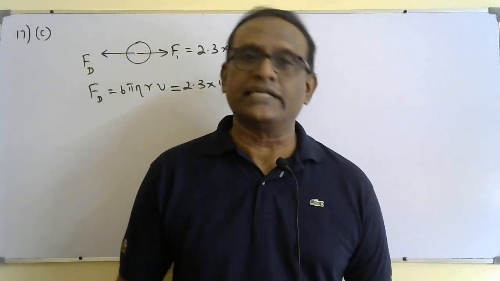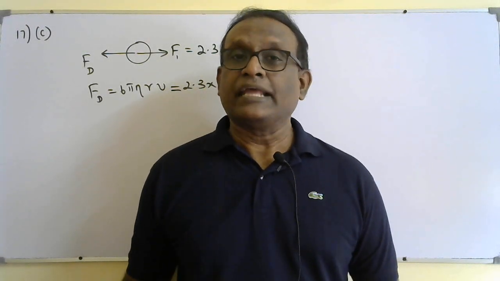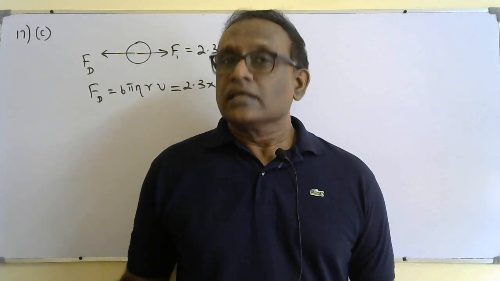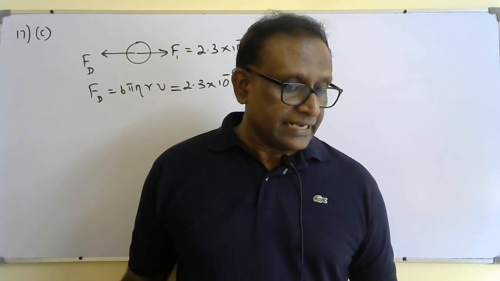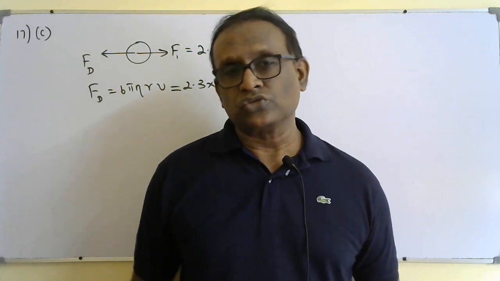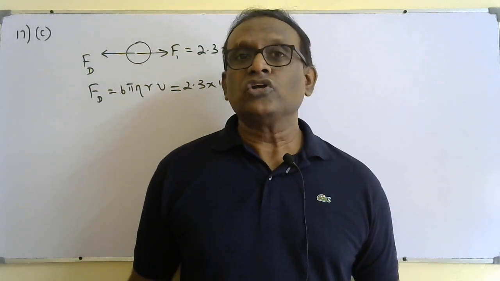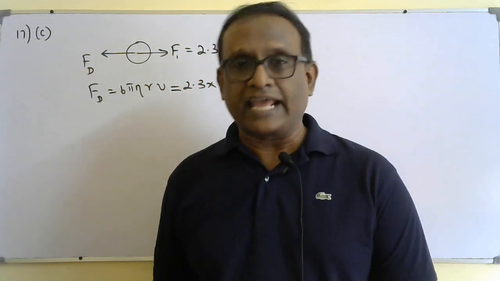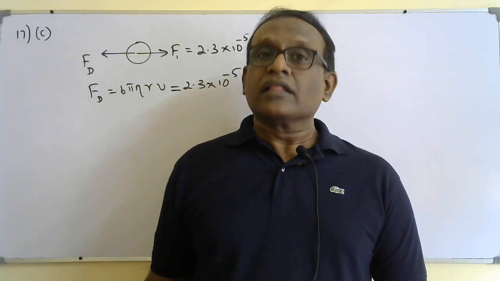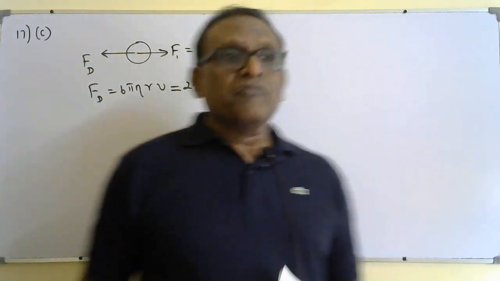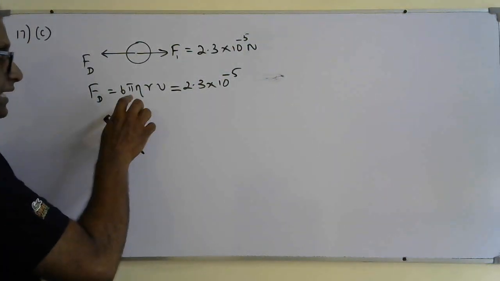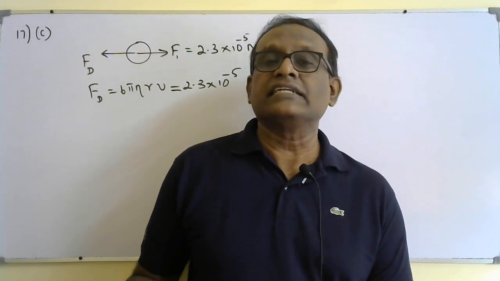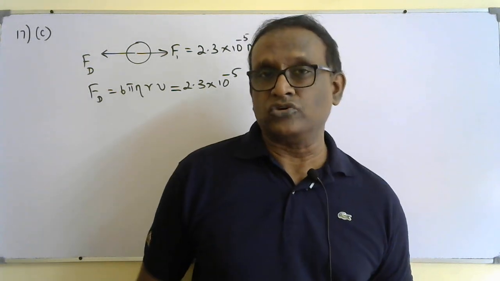But we have to give it in words. We can say when the temperature decreases, the coefficient of viscosity will increase. When the diameter increases, the radius also will increase. Therefore, to balance the same constant force with the drag force, for the same velocity, the increase in viscosity will increase the drag force.